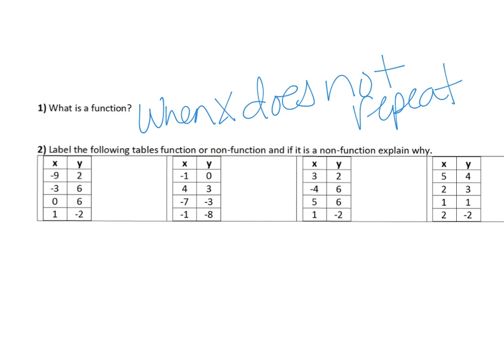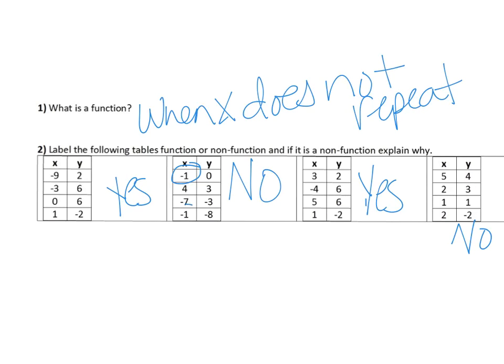And looking at our examples, the first one is a function. The second one is not. The third one is a function. And the last one is not. Because if you look at the ones that are not, it's because the x's are repeating. -1 and -1 repeats. And then on the last example, 2 and 2 repeat. So that makes it not a function.